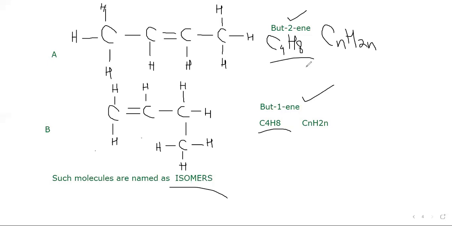Whenever you see molecules with the same molecular formula but different structural formula, they are structural isomers, and this phenomenon is called isomerism. You will learn more detail about isomerism in your A-level chemistry.